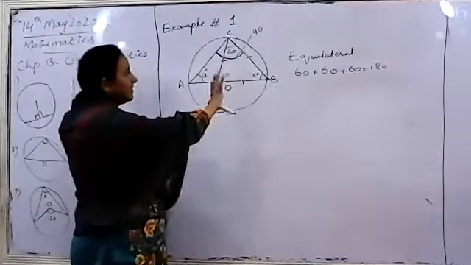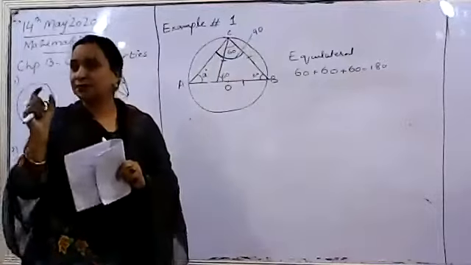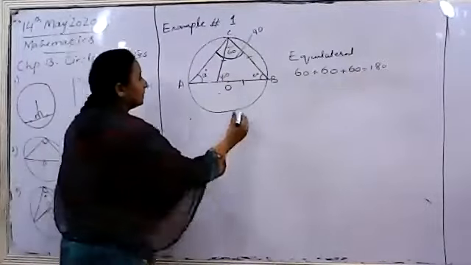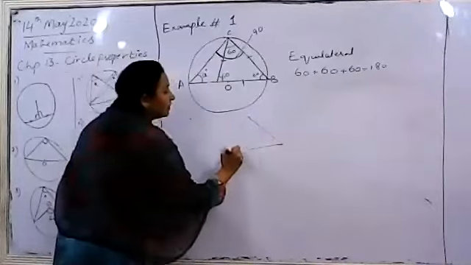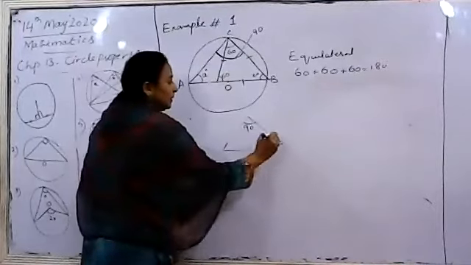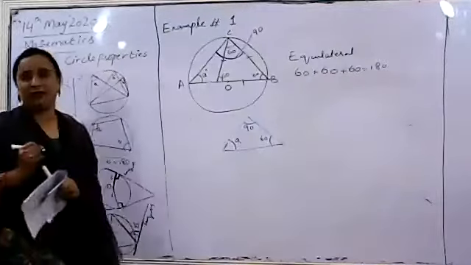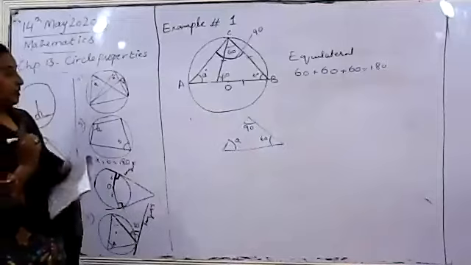Now, consider the big triangle in your circle, don't consider the small triangle. What you have found out is that this angle is 90 degrees, this angle is 60 degrees, and this angle is going to be A. I think you must be clear about it now.